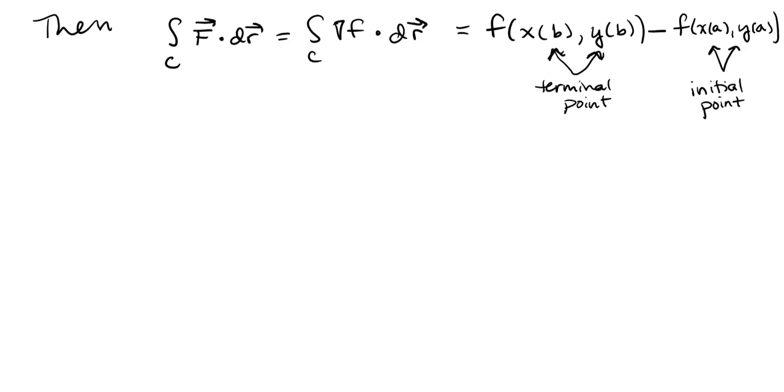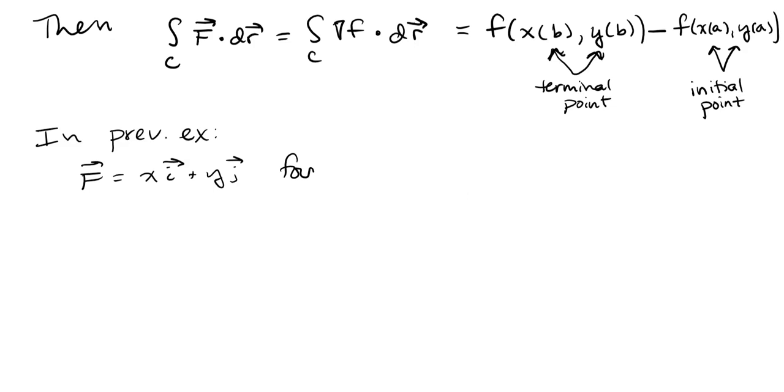In our previous example, the one we started off with in the last video, F was the vector field xi plus yj.